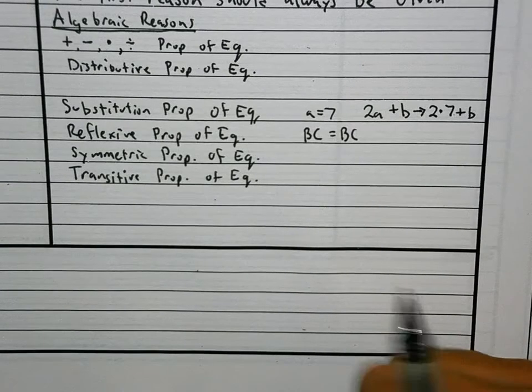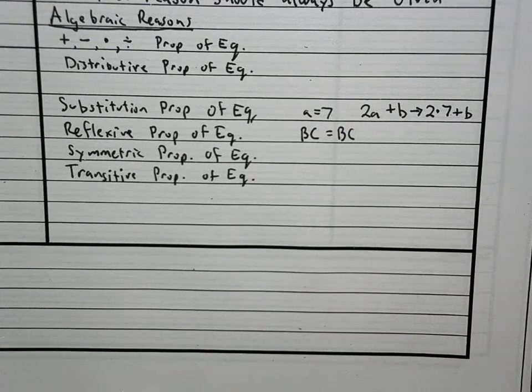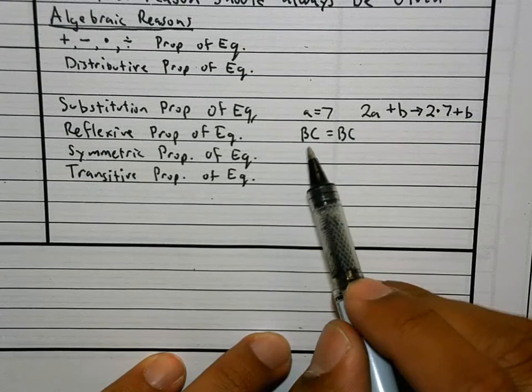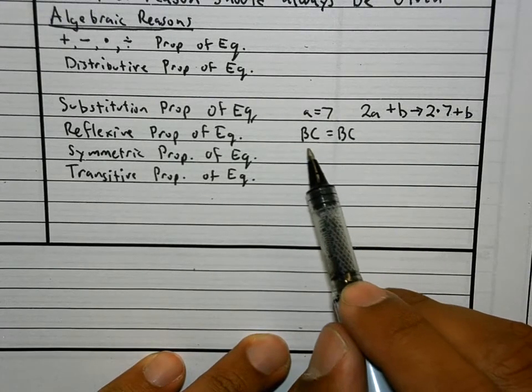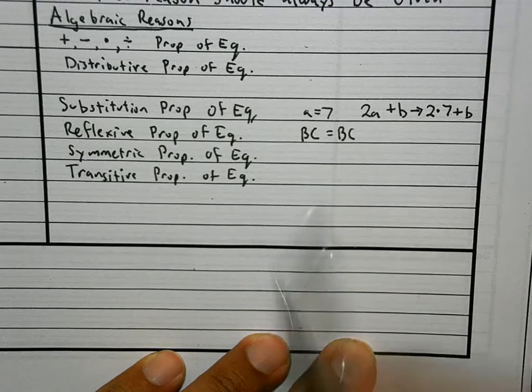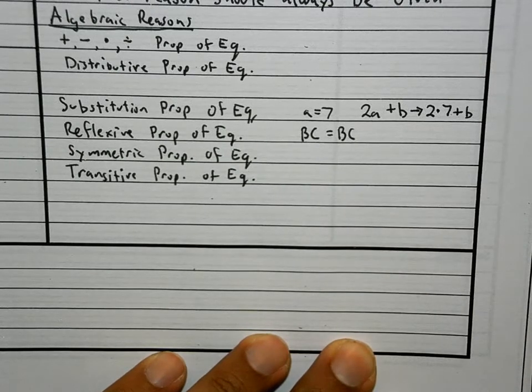And since she does her training equally, her left arm and her right arm are the same. So the reflexive property is whenever you see the same thing on both sides. Whenever you see BC is equal to BC, that's the reflexive property. If you ever see something equal to itself, that's reflexive.